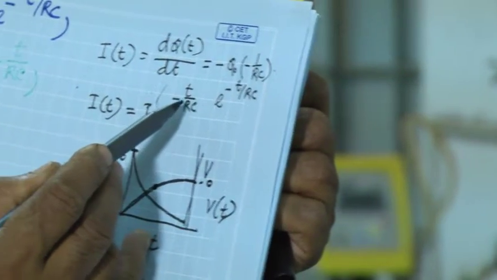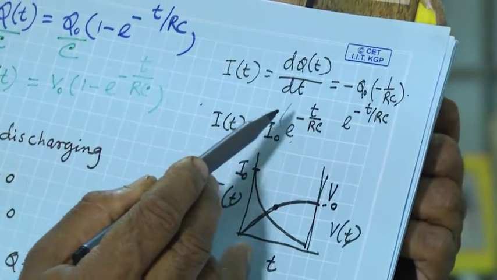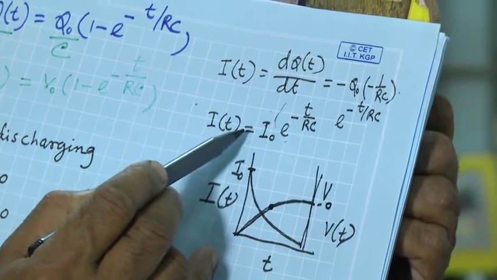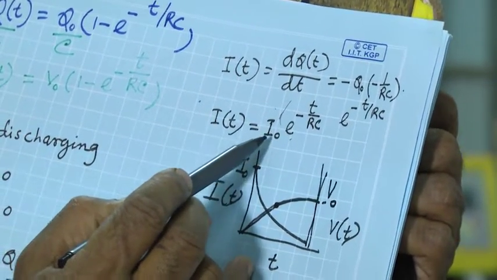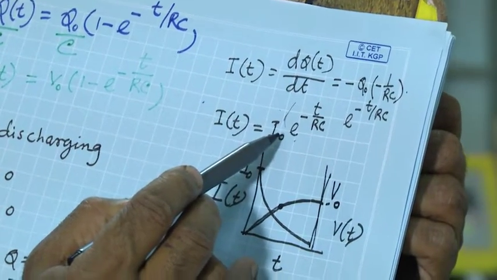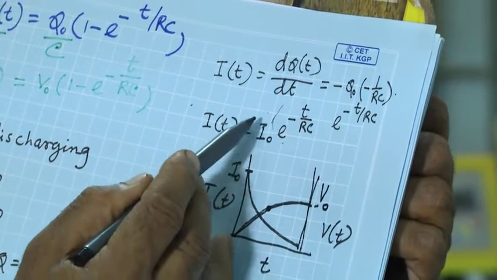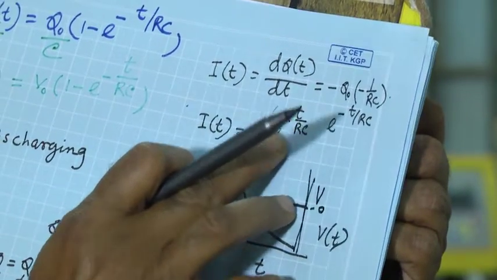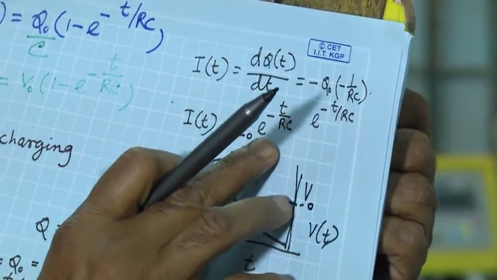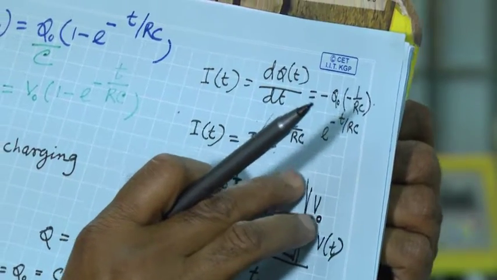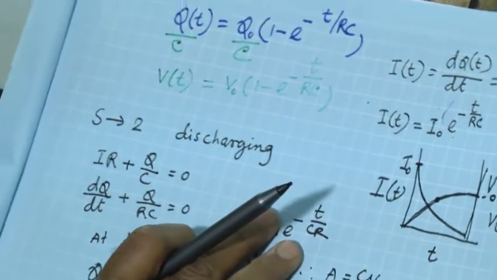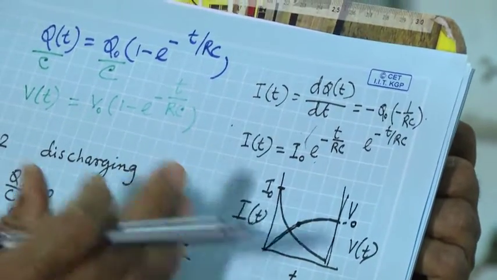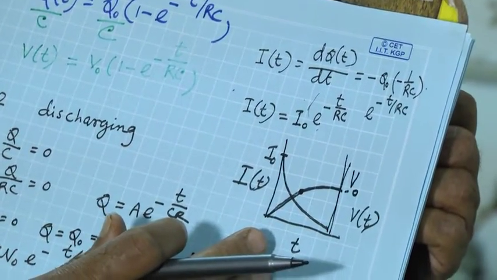So log I equals log I0 minus 1 by RC times t. It is a kind of y equal to mx plus c, right.